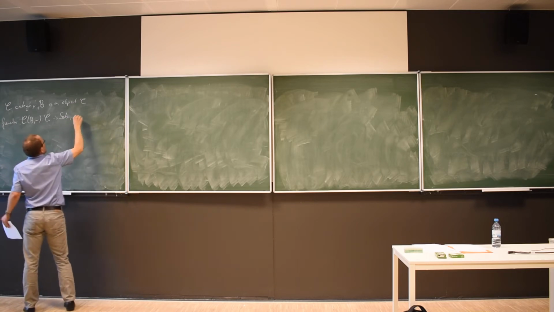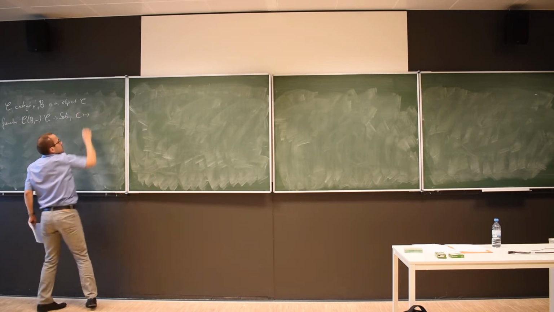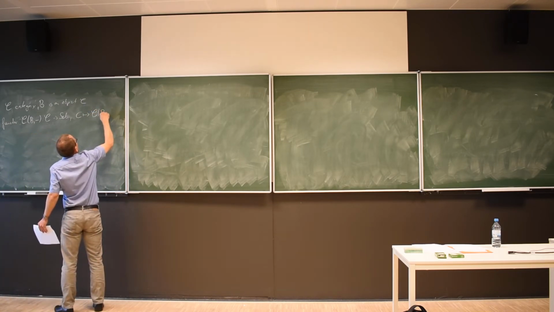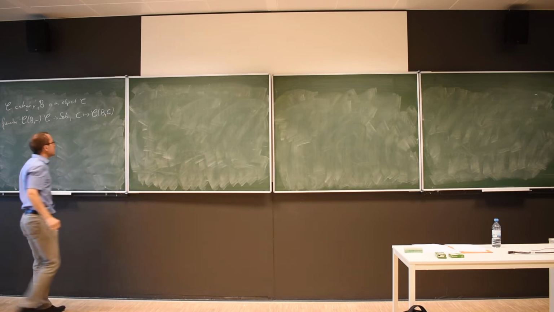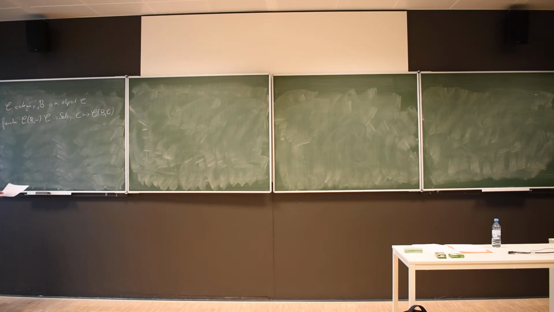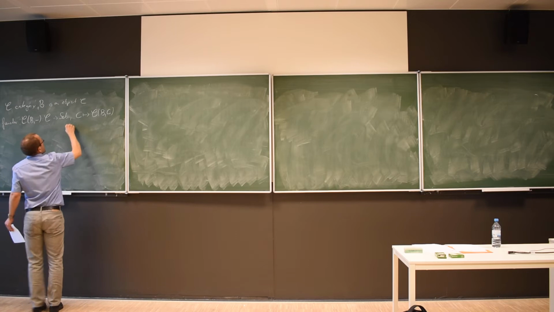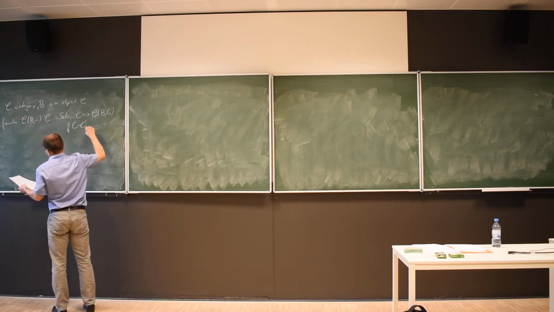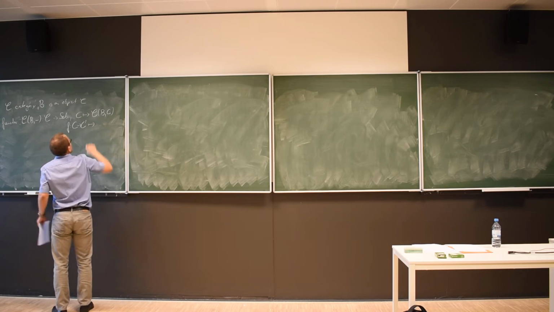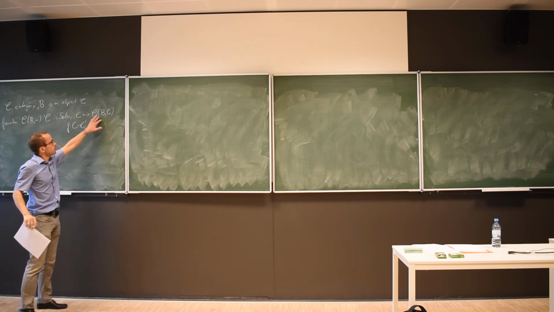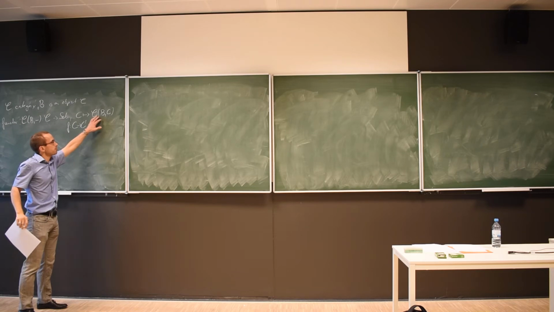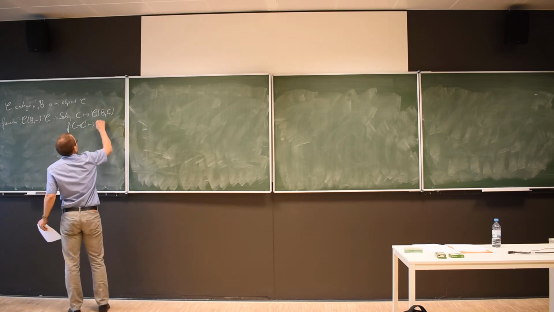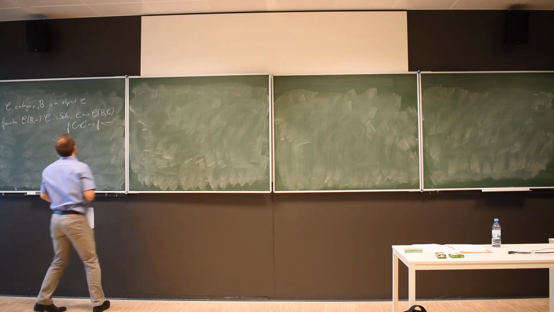On objects, it's defined by sending an object C of our category to the set of morphisms in C from B to C, and it sends a morphism from C to C prime to the morphism between these morphism sets that is given by post-composition with the morphism.